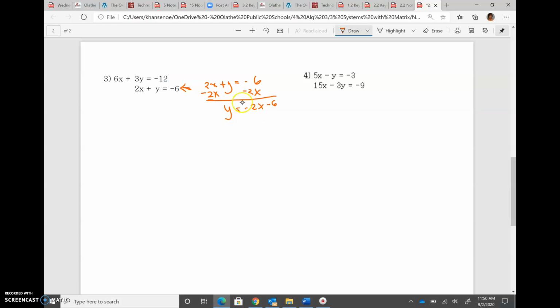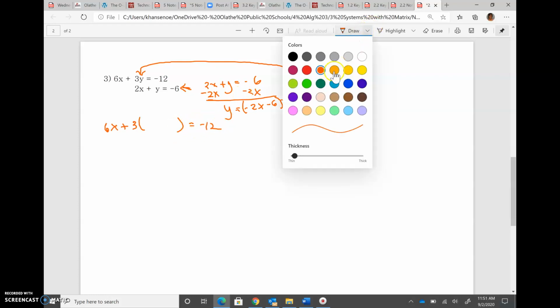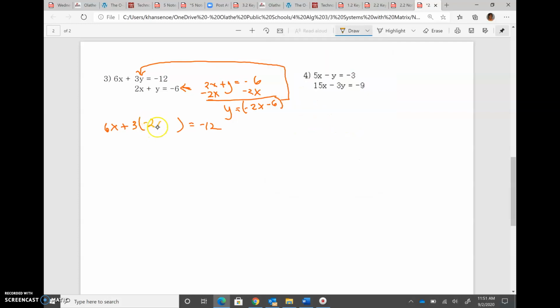So remember, now I'm taking this and I'm going to plug it in to my other equation. So now I have 6x plus 3 equals negative 12. I'm going to plug in negative 2x minus 6. So I'm distributing that 3 to everything.